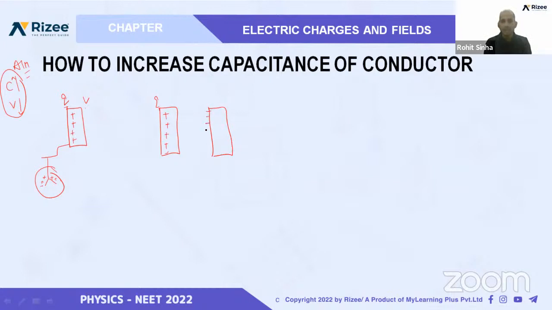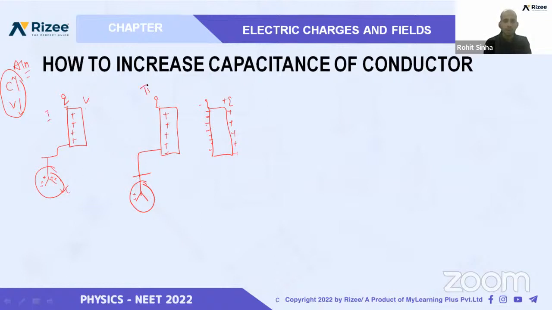It will charge through induction, attracting negative charge here and positive here: minus Q here, plus Q here. If we check the charge present, we will find that the deflection is slightly less than before, because of the bound negative charge.